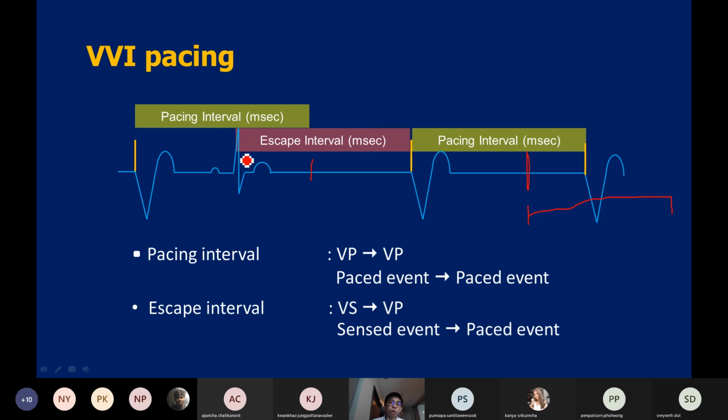The duration from the intrinsic rhythm to a new paced rhythm can be called in other terms the escape interval, which is from the ventricular sense event to the pace event. But the duration of the escape interval and the pacing interval should be the same.